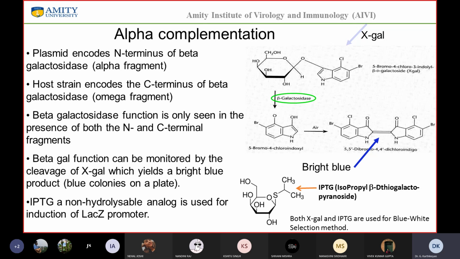Okay, so what happens if you don't add IPTG? What will happen if suppose you plate on an LB plate with just X-gal, but you forgot to add IPTG? Any idea what will happen? Am I audible? Yes, sir. Okay, so what will happen if a researcher forgot to add IPTG, but instead added only X-gal?